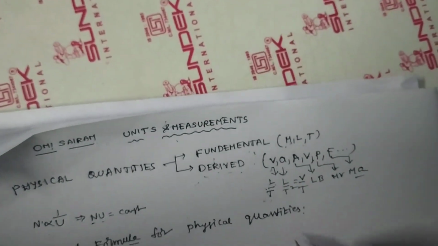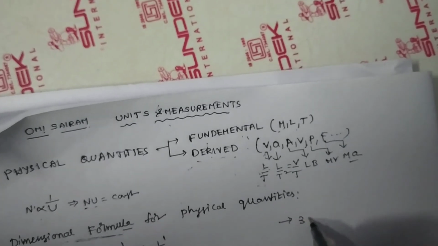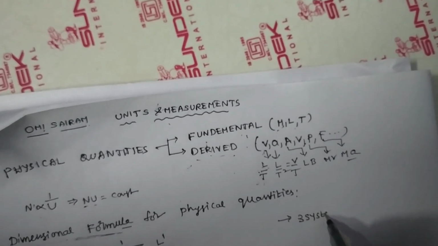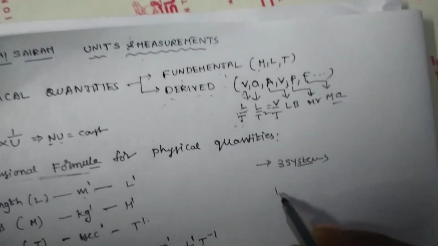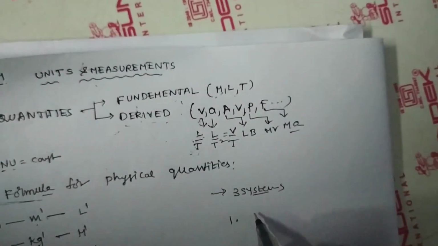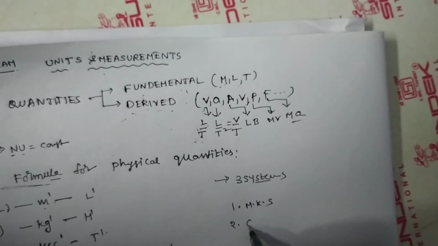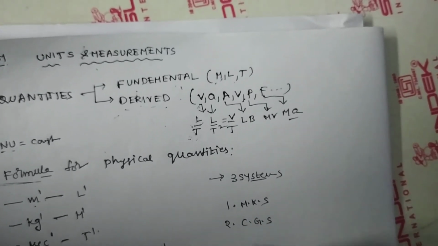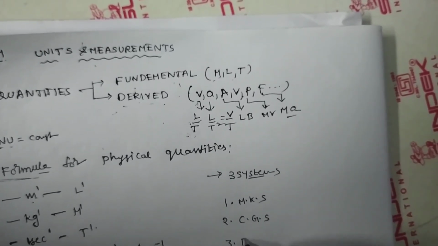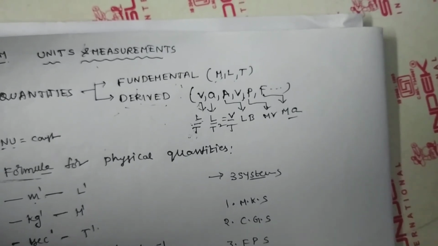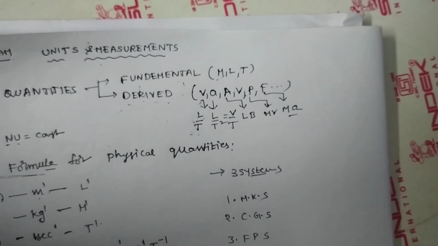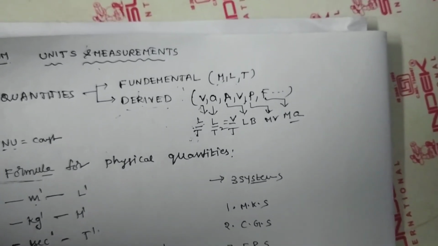So in this matter there are systems of units. The first one is called the MKS system. Second one is called the CGS system. Third one is called the FPS system. Fourth one is called the SI system.